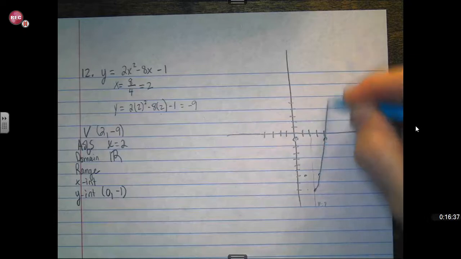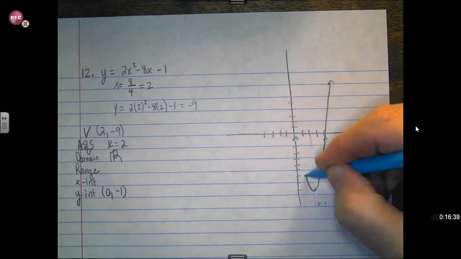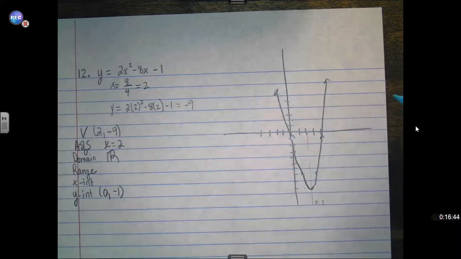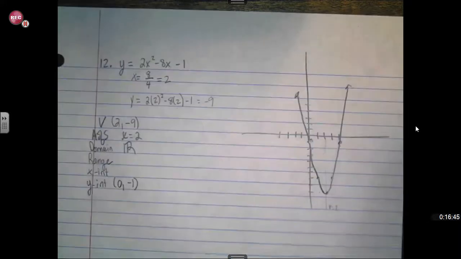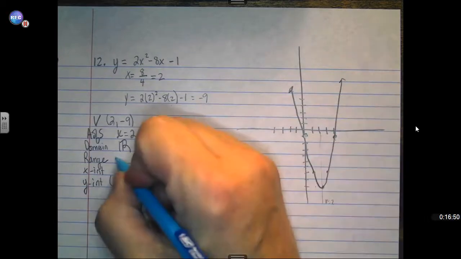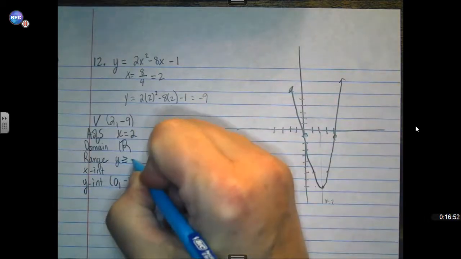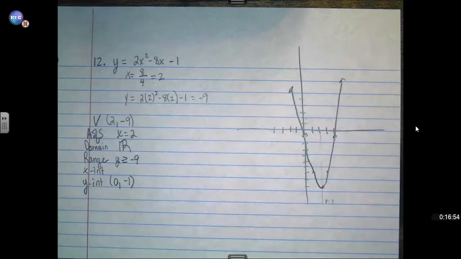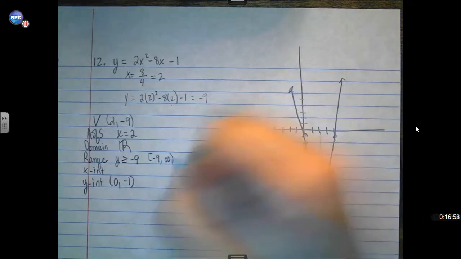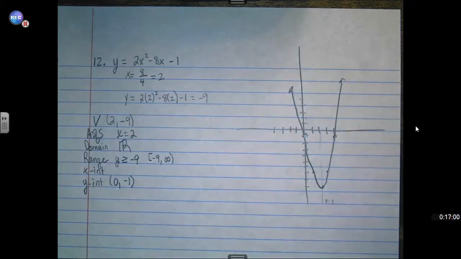That is a good looking parabola. So now I can tell my range is y is greater than or equal to -9, or -9 to infinity if you're getting into that bracket notation.